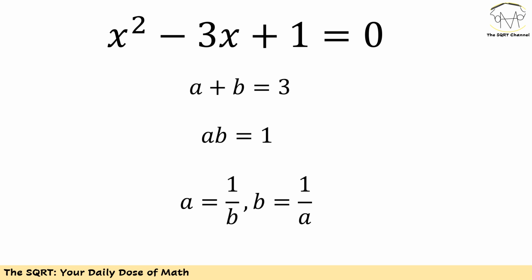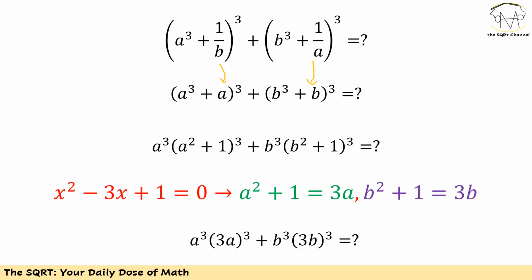Now if ab is 1, then we can say that a is going to be 1 over b and b is going to be 1 over a. Note that a and b are not going to be 0, because if you put 0 in the equation, you are not going to satisfy the equation. Now let's move forward and see how we are going to use these facts here.